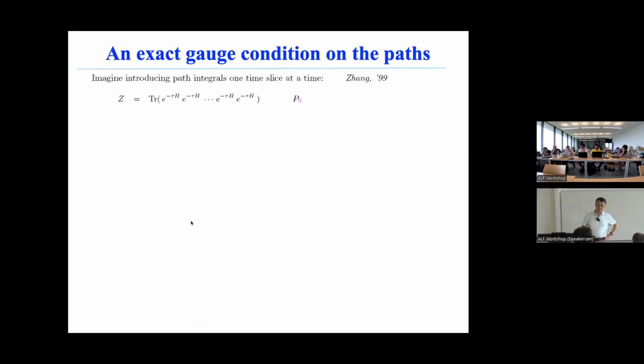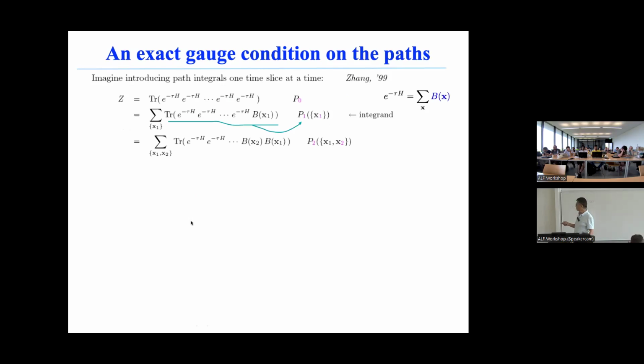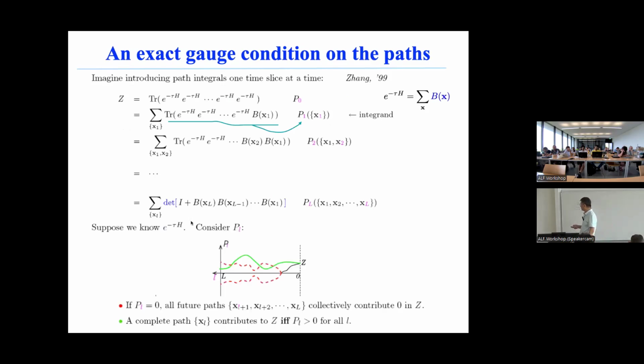Yes, standard BSS. I'm just doing a Gedanken experiment to think about how I come from the beginning to this final form, which now is a function of fields. How we went from operator to this. Now, suppose we know e to the minus tau h.